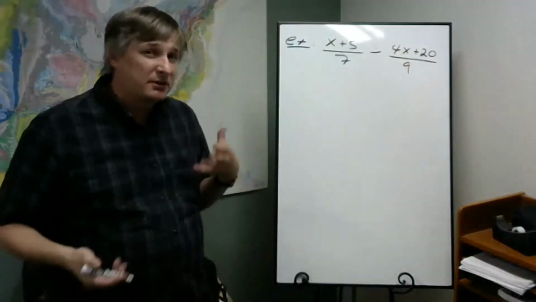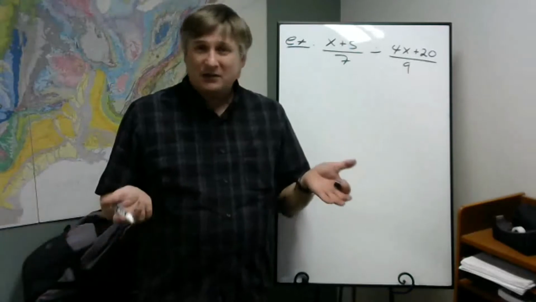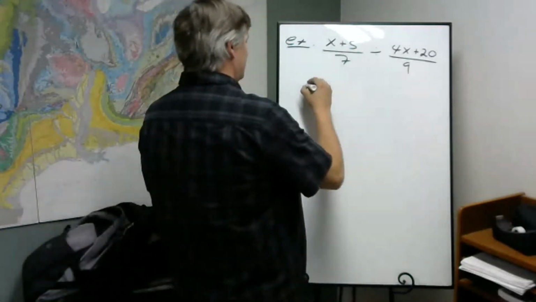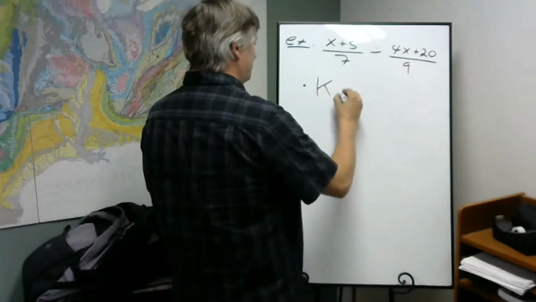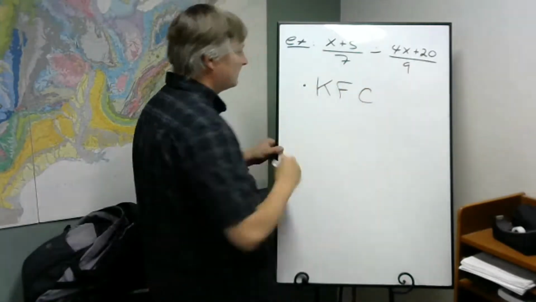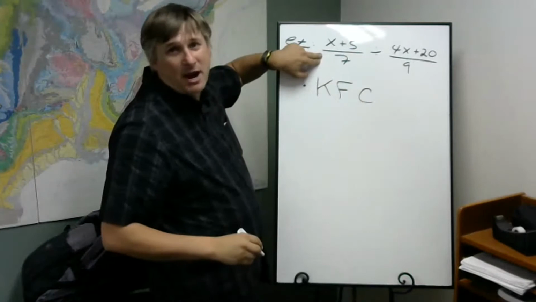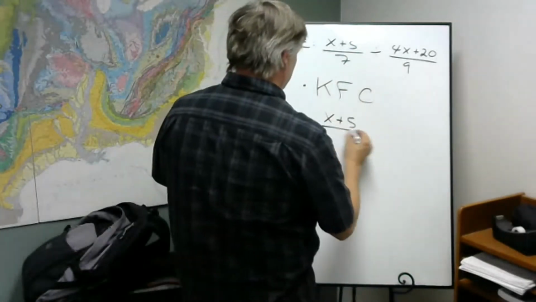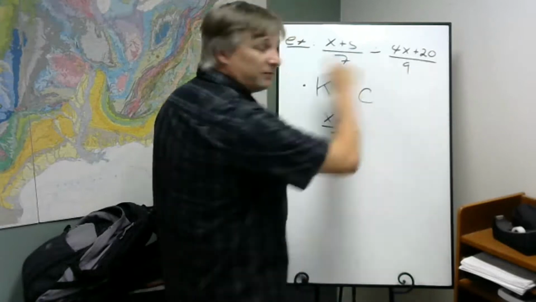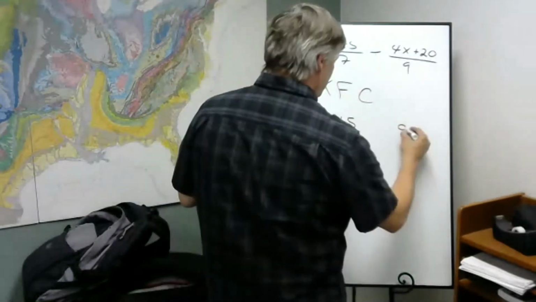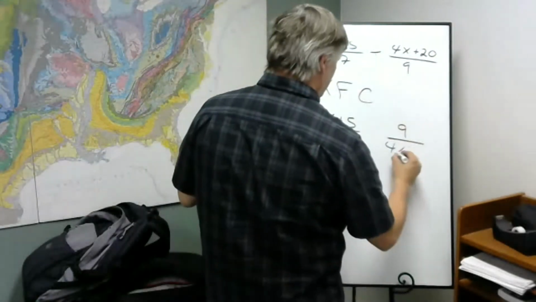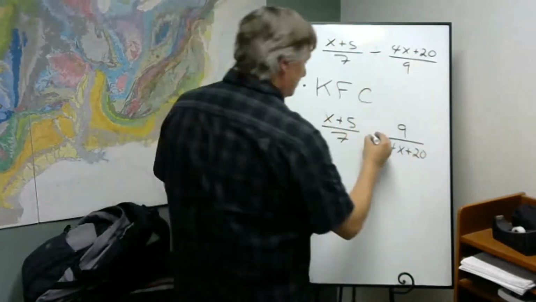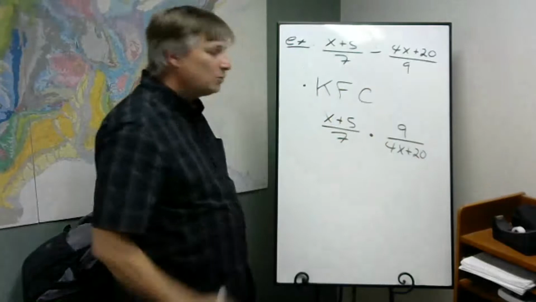So just like we used our KFC for fractions, we're going to do the same thing for rational functions. We're going to KFC this. So we'll keep the first rational function. We'll flip the second. And we'll change the division into a multiplication.